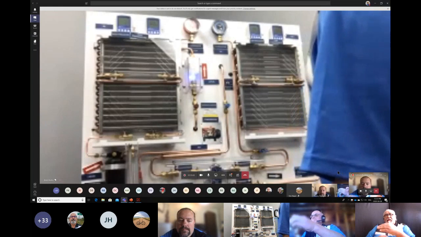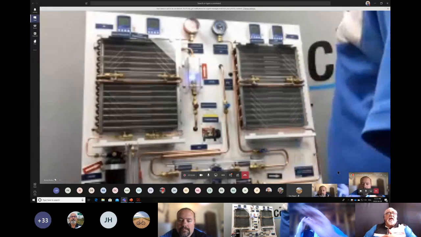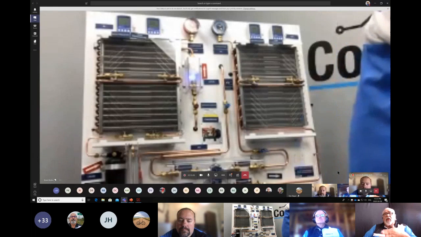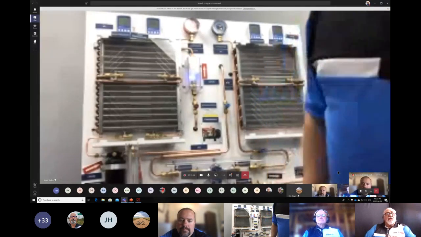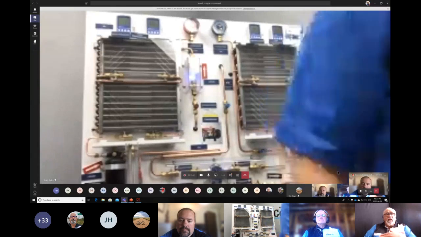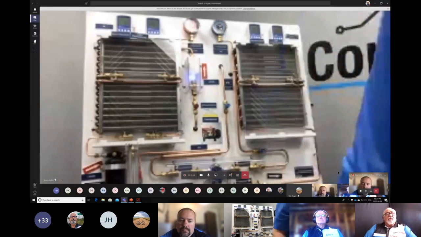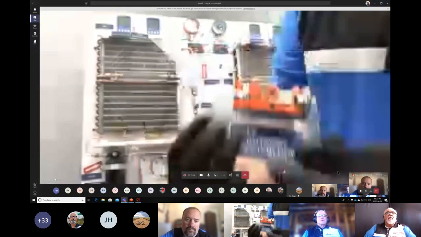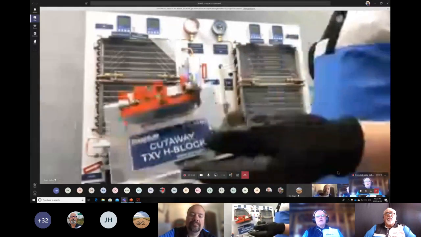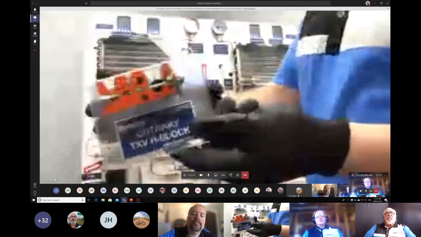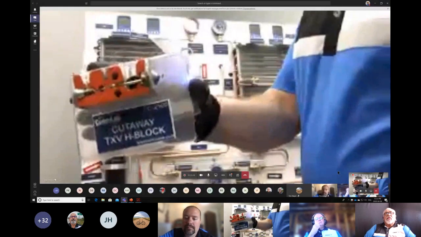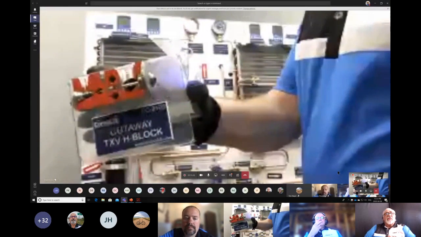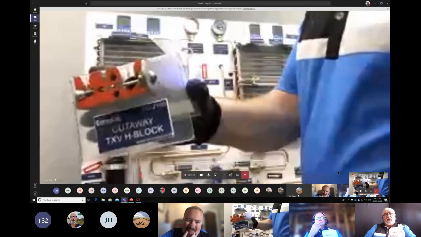So again, the spring inside the TXV is what controls the difference between the temperature of saturation and the amount of superheat. So the numbers will go up and down, but the range of the superheat and subcool should be the same. And it's when you fall out of the range that you can start using this as a diagnostic.